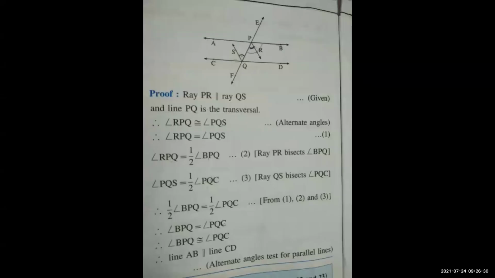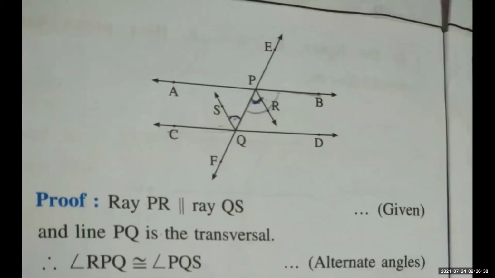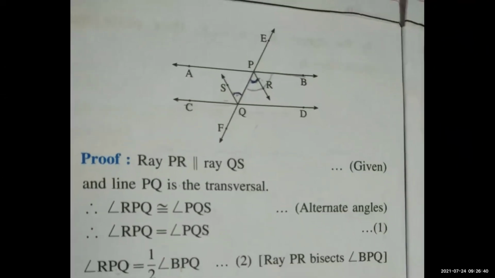Okay, here is the solution of this example. You can see the diagram here. Yes, this was the diagram. Now, how to prove that line AB is parallel to line CD? Now see, ray PR is parallel to ray QS. We know it, that is given.